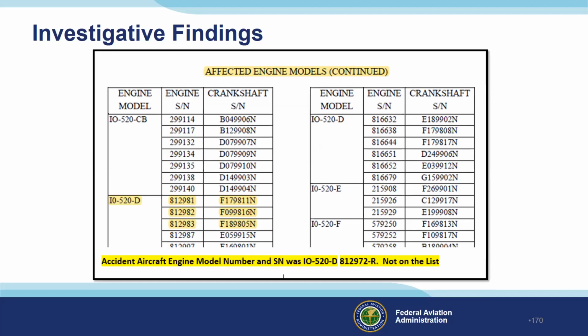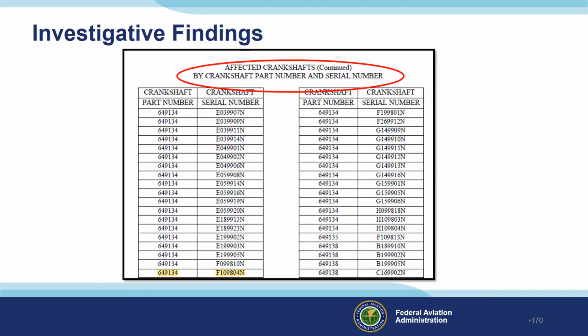So if you just looked at this list, you would say, oh, it doesn't apply to this aircraft. But if you look further in the service bulletin, it actually lists the crankshafts apart from the engine. And there's the serial number. It was on that list.